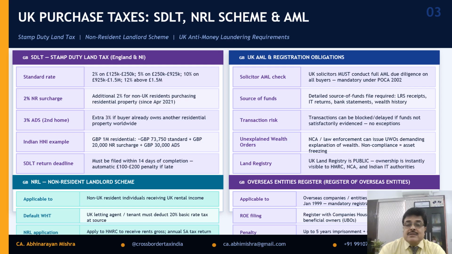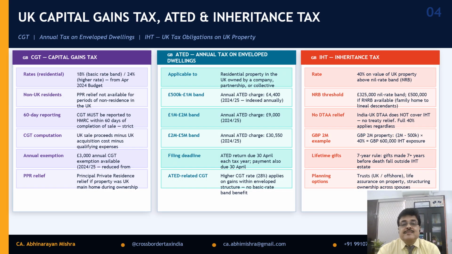One thing which catches most Indians off guard is inheritance tax. UK inheritance tax is 40% on UK property above the nil rate band. And the India UK DTAA does not cover IHT, so there are zero treaty benefits available.